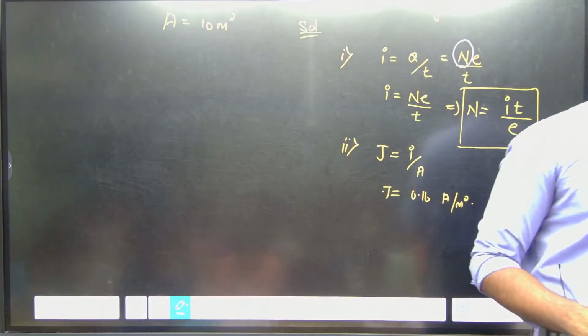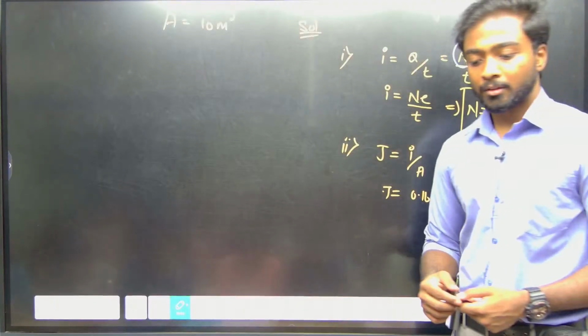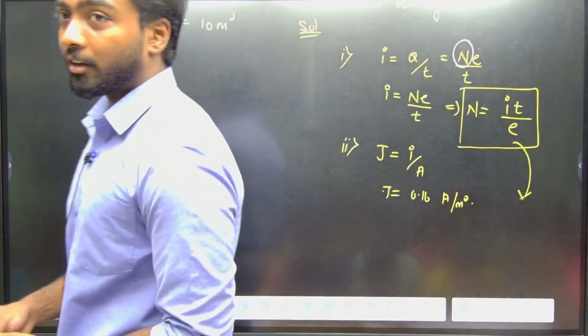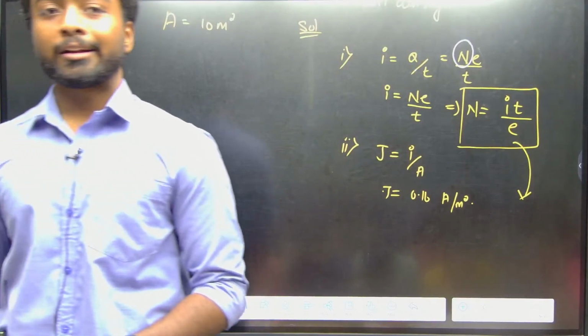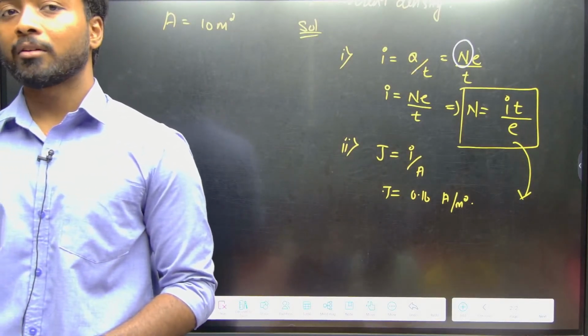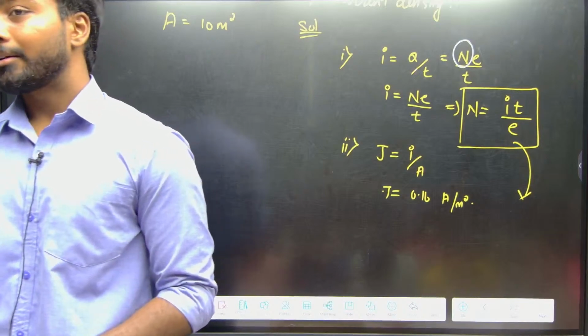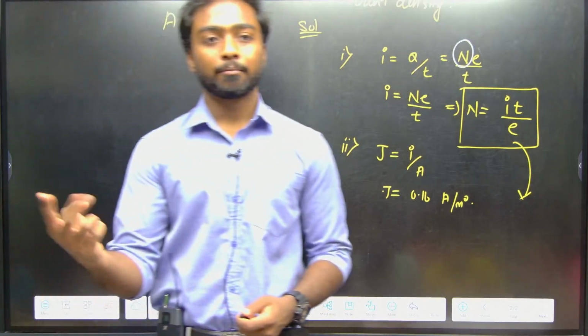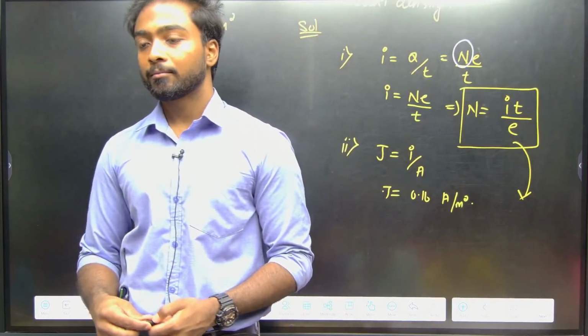Done. Second subheading, speed of electricity. Electrons we have completed. Now the speed of electricity, which is nothing but, you can take in bracket, the speed of a field, electric field. Speed of electric field.